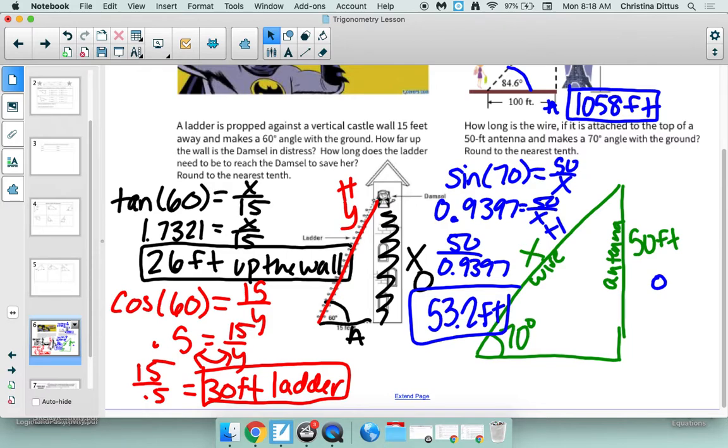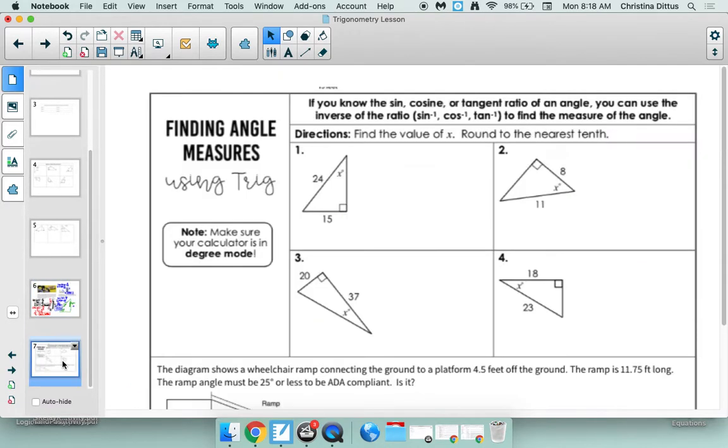Okay, now we're going to get to finding our angle measures. You already know how to set this stuff up. It's the same SOHCAHTOA deal; we're just finding angle measures now. Everybody knows where their sine, cosine, tangent buttons are?